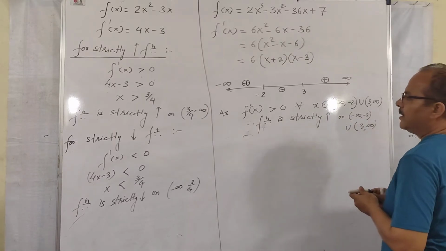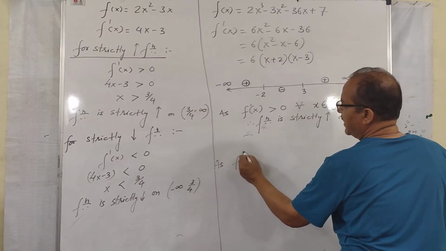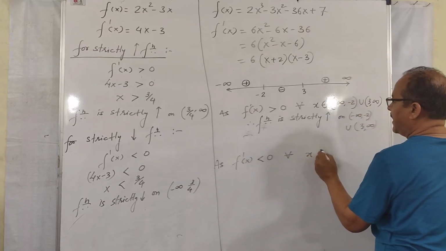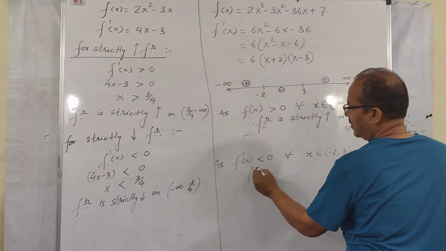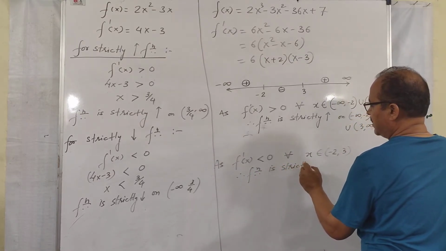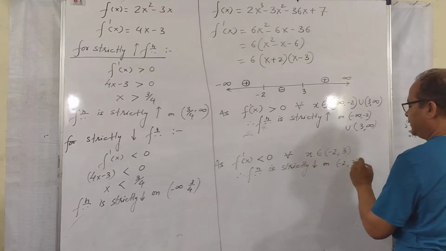That you have to write. Now the second thing: as f dash x is less than 0 for all x belonging to minus 2 to 3, therefore the function is strictly decreasing on minus 2 to 3.